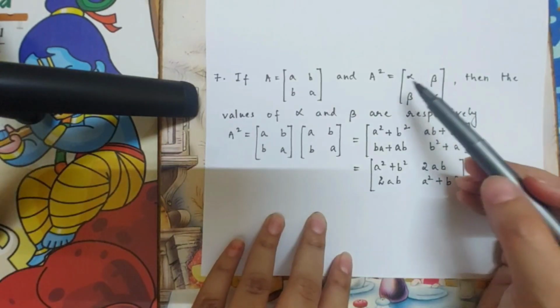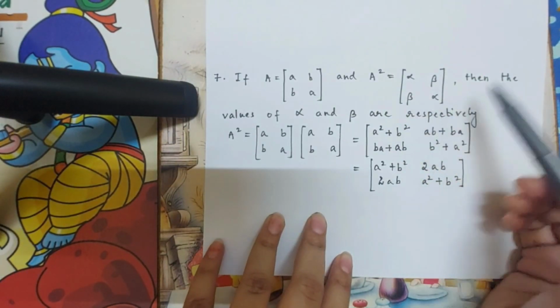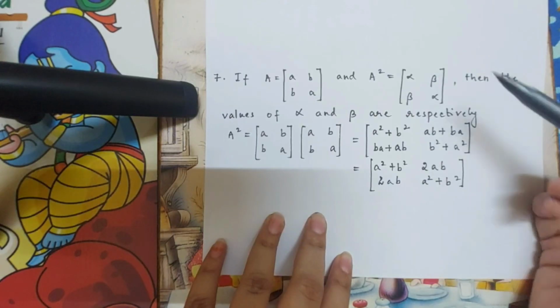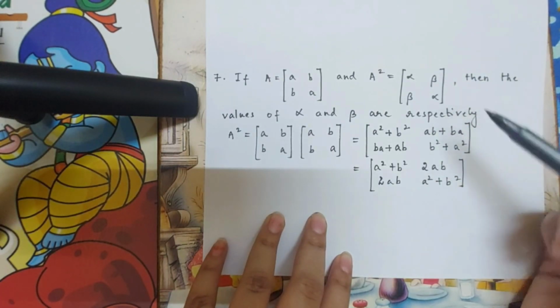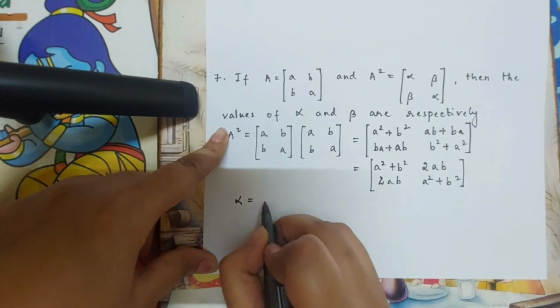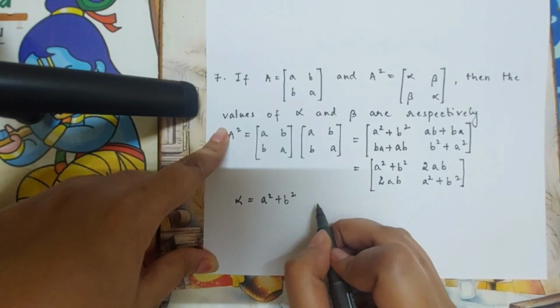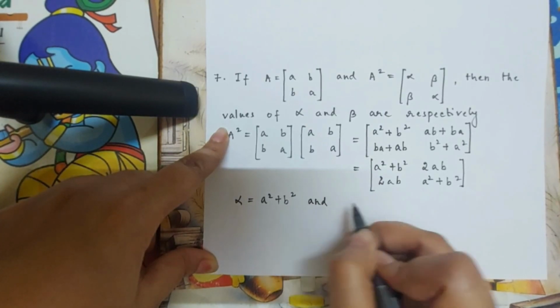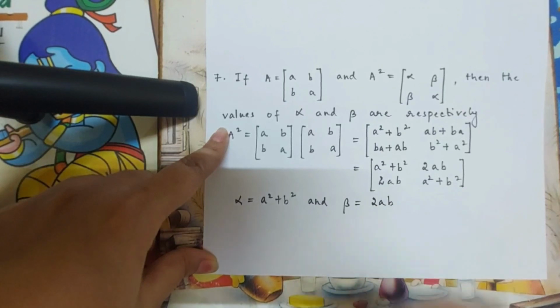Now they have given us that A squared is [alpha, beta; beta, alpha]. So if I compare these two matrices, I'll be able to get the value of alpha as a square plus b square and the value of beta as 2ab.